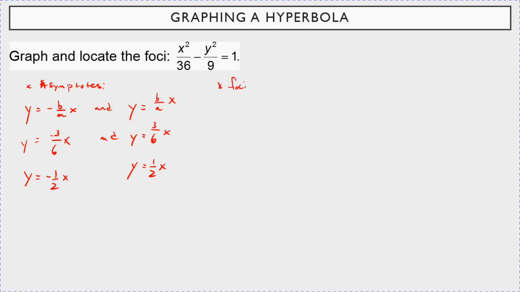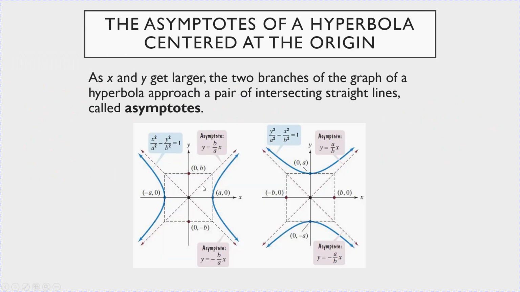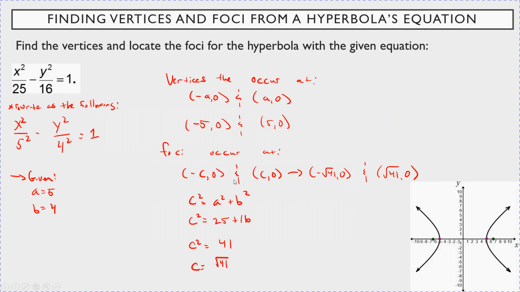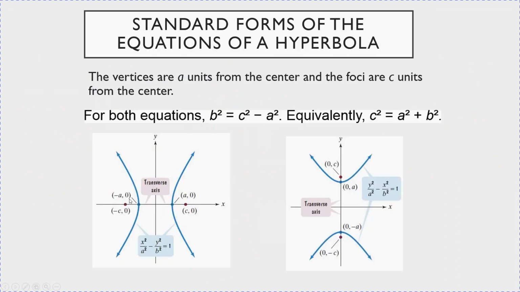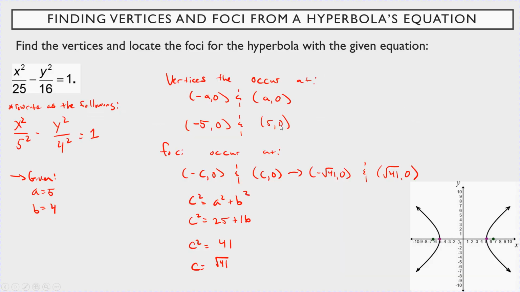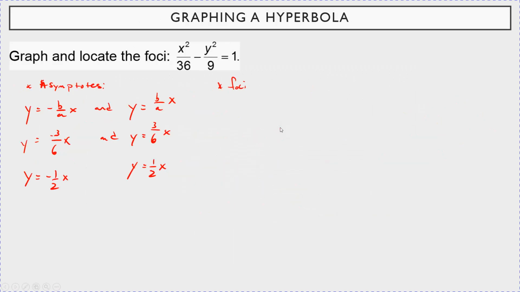Now let's find the foci. Going back, the foci are going to occur at, because we know it's going to look like this, negative c comma 0 and c comma 0. And we're going to find c using c squared is equal to a squared plus b squared.